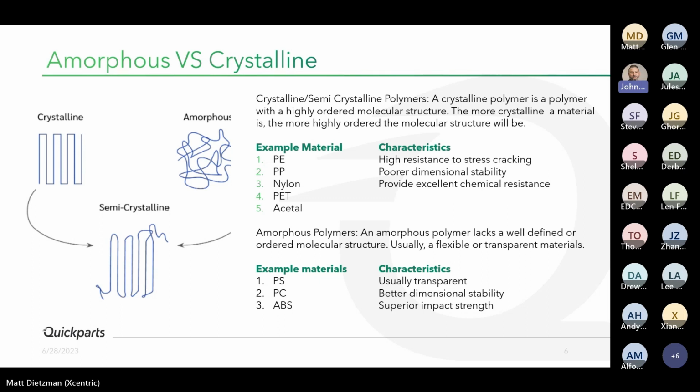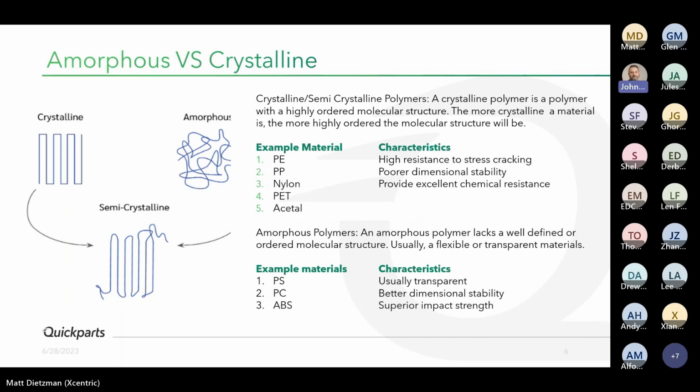So what does this get you as far as characteristics? You're going to have high resistance to stress cracking because everything's aligned and nicely tight-knit. You're going to get poor dimensional stability. Depending on how everything's aligning, you may get shrink in one direction more than the other. But it does provide excellent chemical resistance. Some example materials you see there are polyethylenes, polypropylenes, nylons, PETs, and acetals.